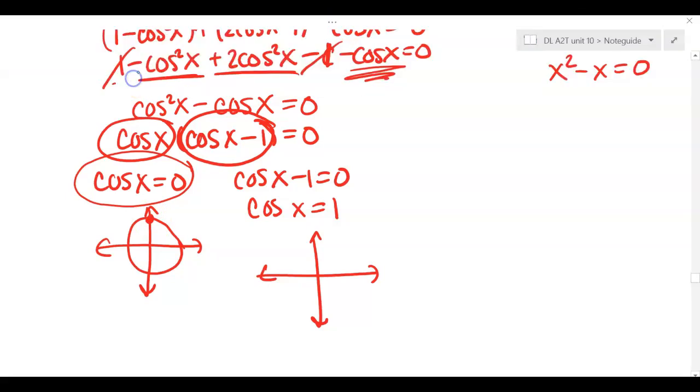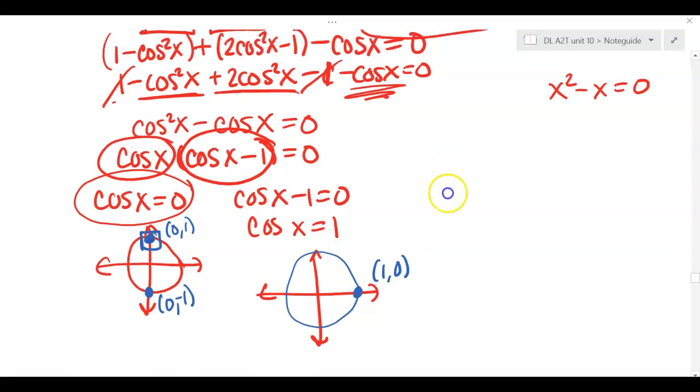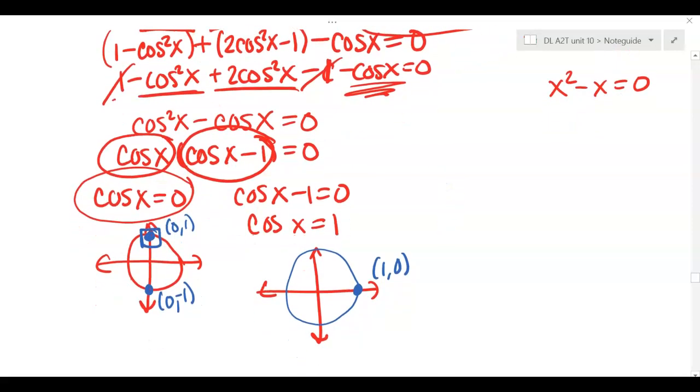Sorry, let me do that in a different color. So it would be equal to 0 here, as well as here. And then where would the cosine be equal to 1 around the unit circle would be here. Now, this angle here, I would call 90, because that's what it would be called if we're looking just between 0 to 360.